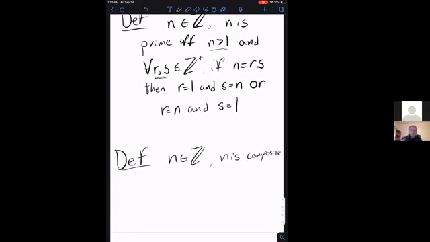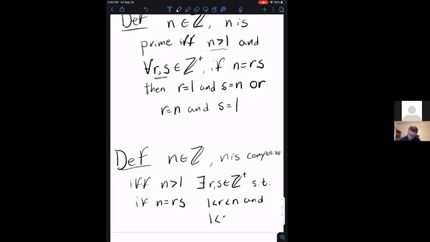Once again, n has to be greater than 1, and there exist some positive integers, r and s, such that if n equals rs, then 1 is less than r, less than n, and 1 is less than s, less than n. What does this mean?